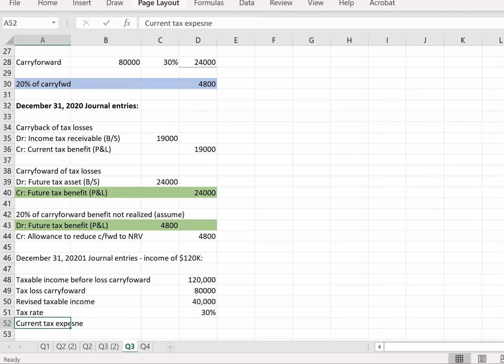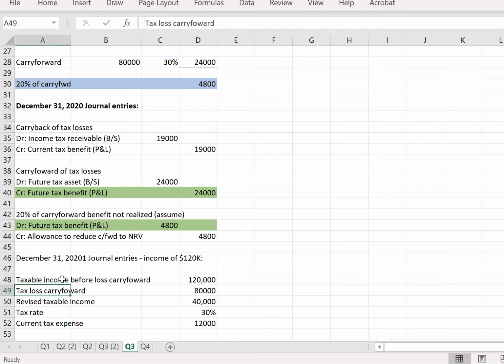Current tax expense is going to be 40,000 times 30%, which gives me 12,000. To figure out our current income tax, we've got the current taxable income before the loss carry forward. We made 120,000 in 2021.